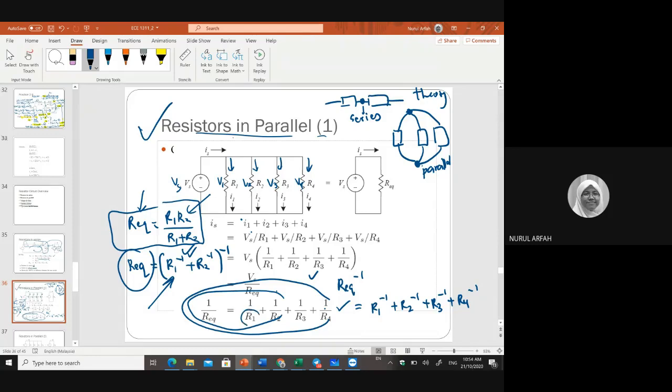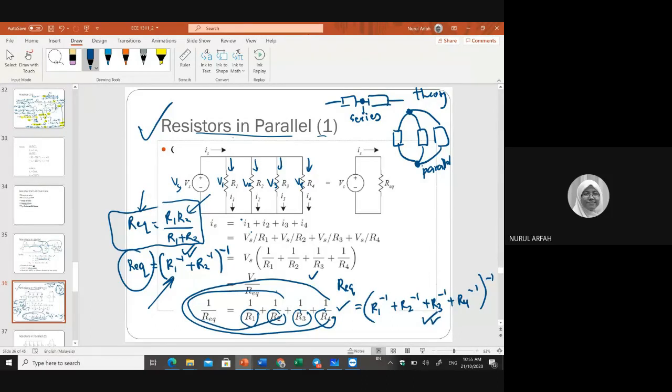If you have four resistors, 1, 2, 3, 4, then you need to multiply all and then divide by the summation of all. So what should you do? Just do like this. Okay, we remove this and put all inverse, and inverse the whole answer. Later on, we will revisit, and you will save your time by doing your calculation like this.